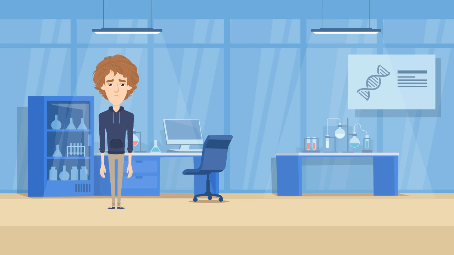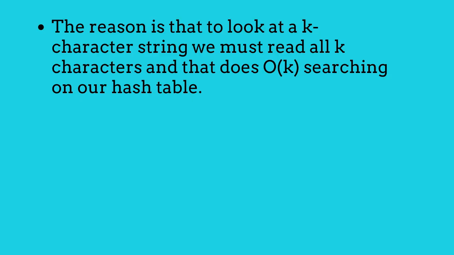This time, the program ran 10 times faster on strings of length 2000, but it was still taking a lot of time to reach 4000 characters, let alone 50,000 characters. The reason is that when we look at a k-character string, we must read all k characters, and that does all k searching on our hash table.